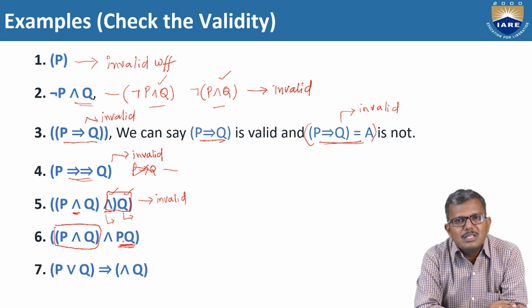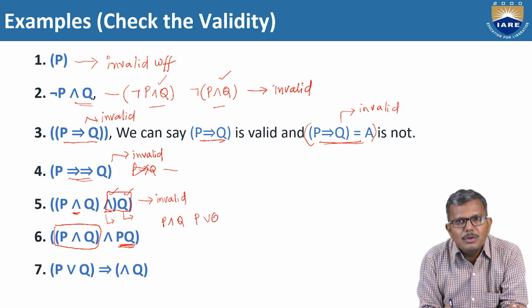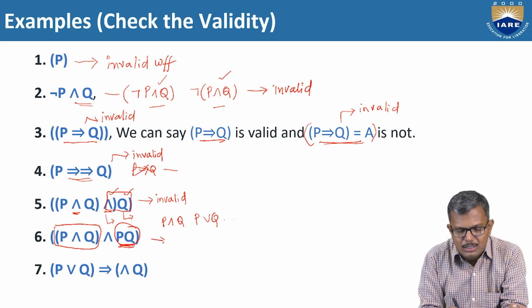This type of representation is not permissible. Either you have to use P and Q or you have to use P or Q. But here, without using a connector, you are trying to represent P and Q in the same place. That should not happen. So this is also an invalid statement.